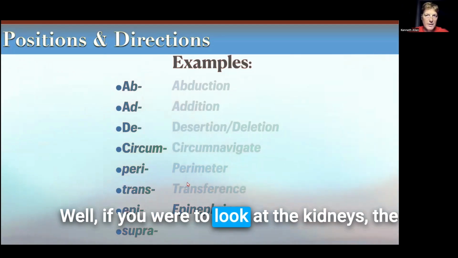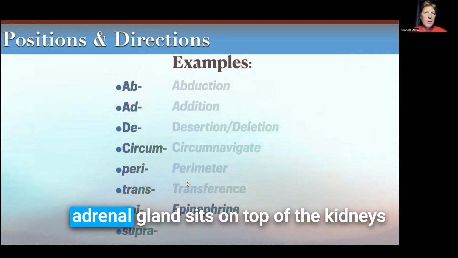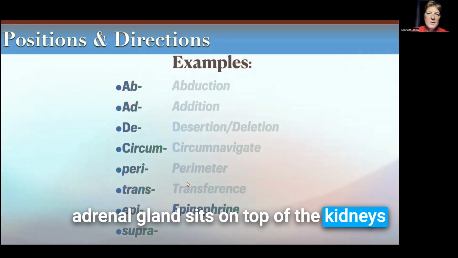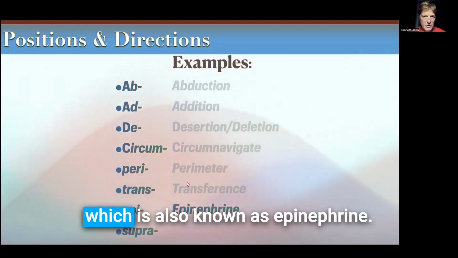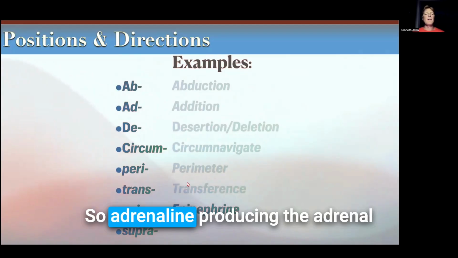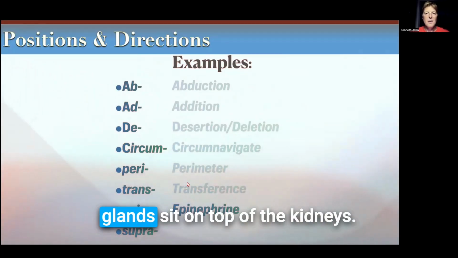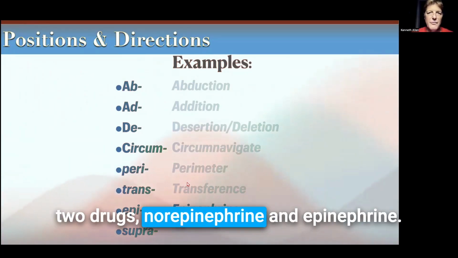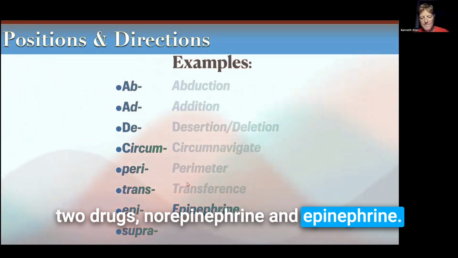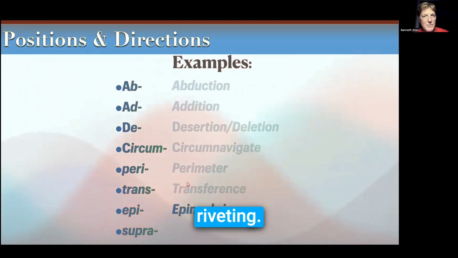Well, if you were to look at the kidneys, the adrenal gland sits on top of the kidneys, and the adrenal gland produces adrenaline, which is also known as epinephrine. So adrenaline is produced in the adrenal glands that sit on top of the kidneys. Therefore, they are epinephrine, and they produce two drugs, norepinephrine and epinephrine. Told you it was riveting.